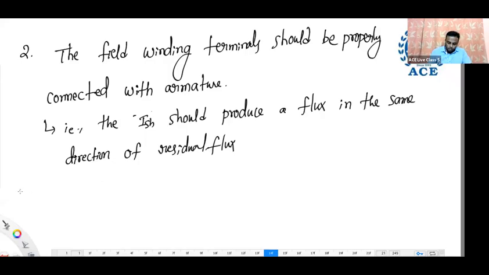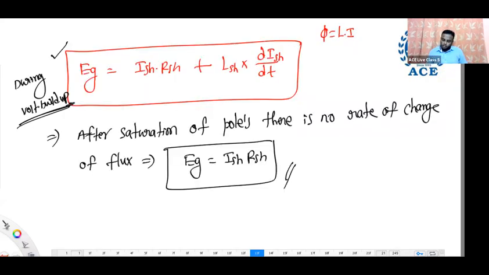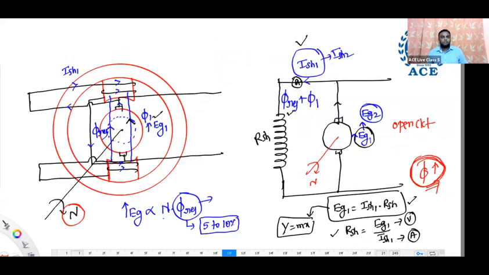Okay. Next, third condition. This is regarding the resistance of the field winding. Resistance of field winding is RSH.